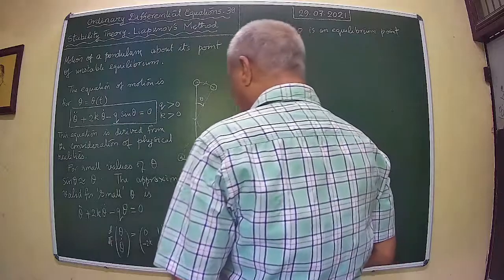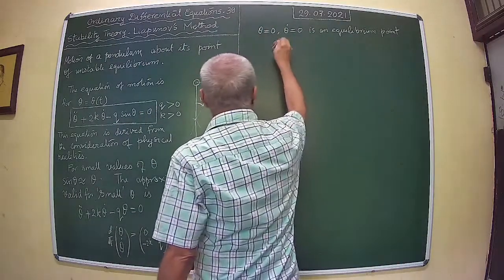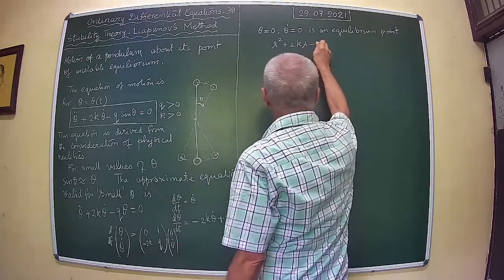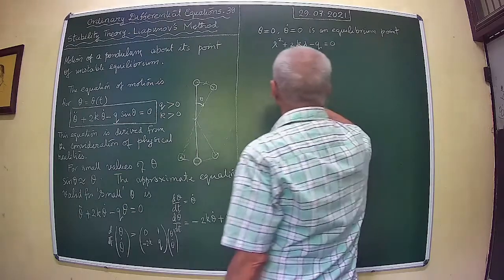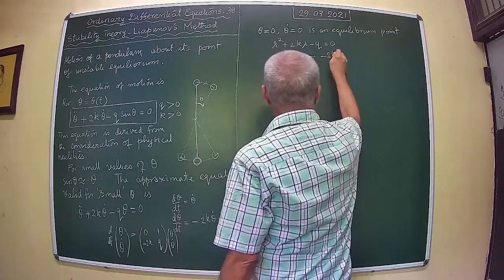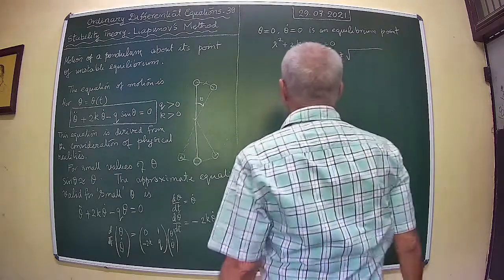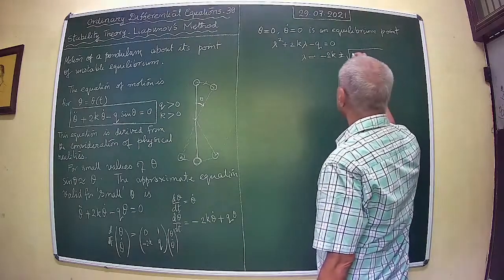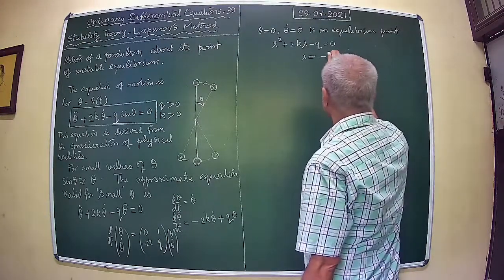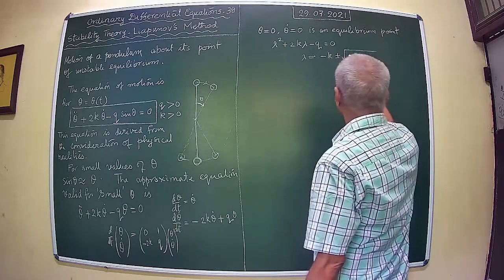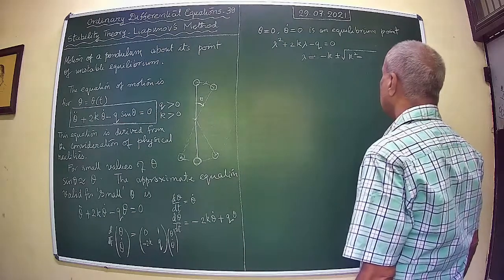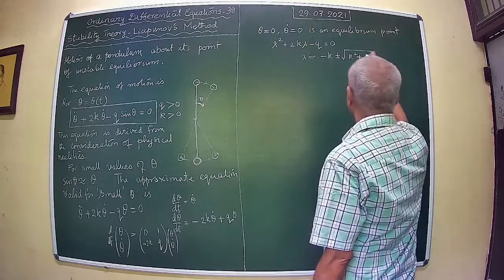Now what about the eigenvalues of this? The eigenvalues correspond to the roots of lambda square plus 2k lambda minus q equal to 0, and lambda equals minus 2k plus or minus root of, after simplification, minus k plus or minus root of k square plus q.